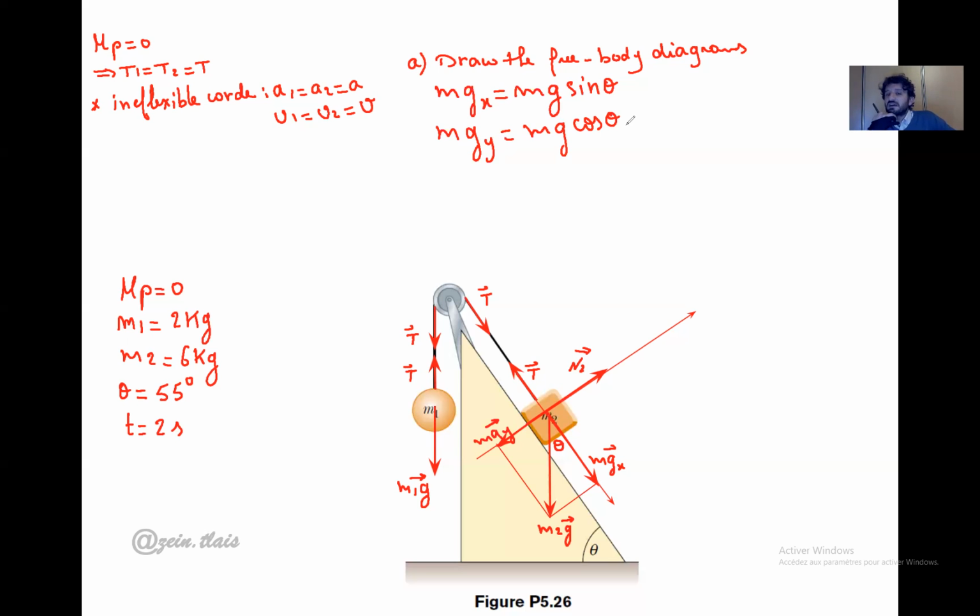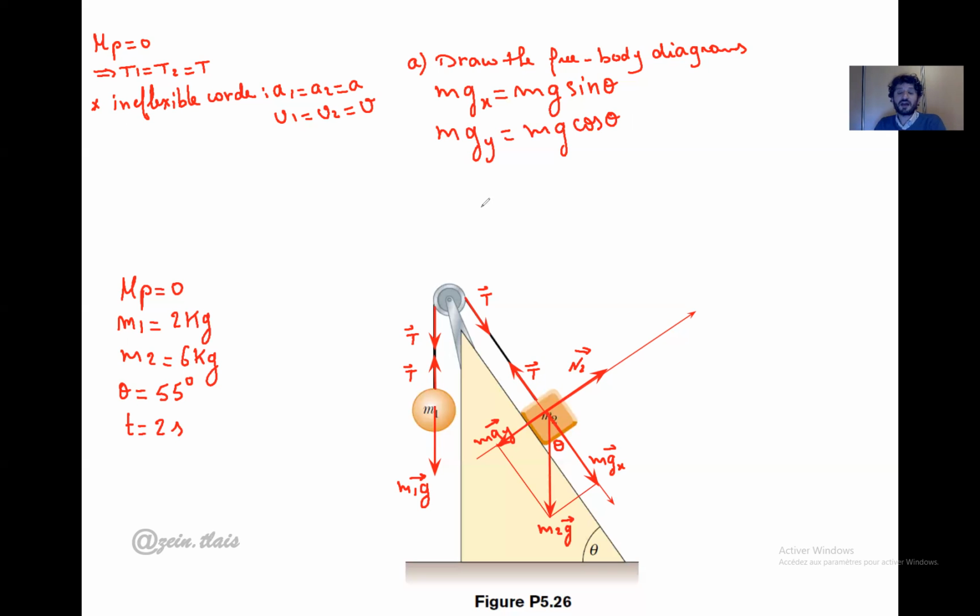As in the last example, to solve any problem about a pulley with two objects attached like this, you have to apply Newton's law on M1 and M2 separately. Don't combine and don't take only one system.